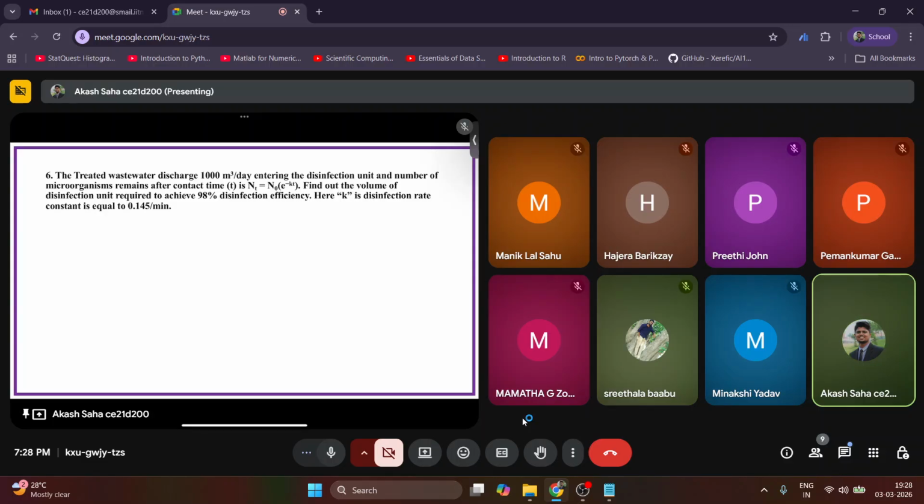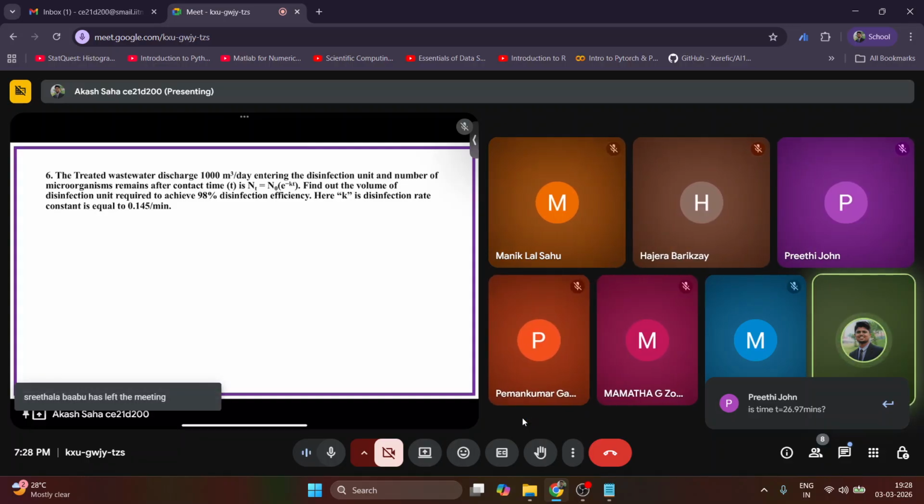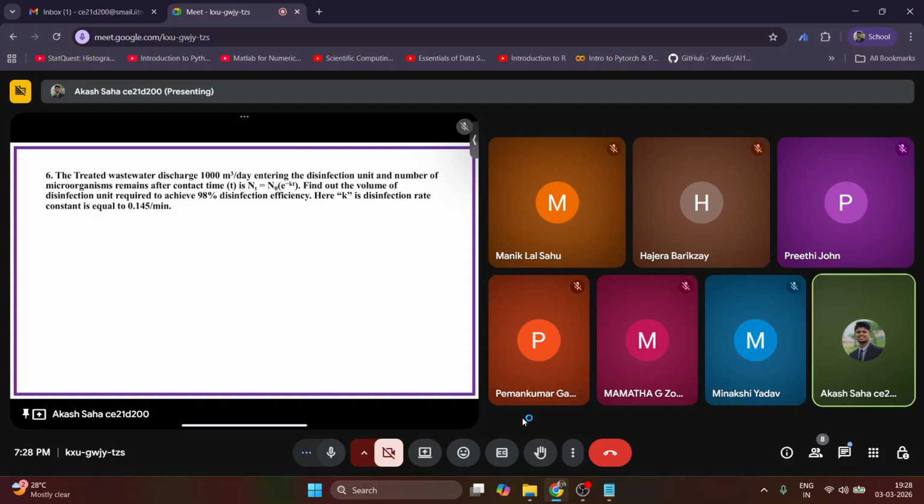So can someone tell me how to approach this problem? Time. Yes, time is correct. 26.97 minutes. Absolutely fine. So now tell me the volume. You should tell me the volume in meter cube; meter cube should be the unit.